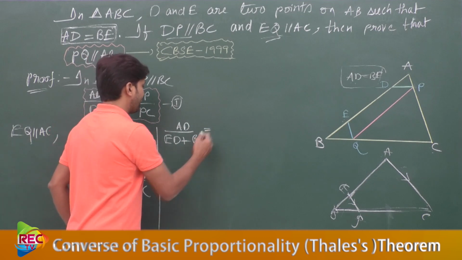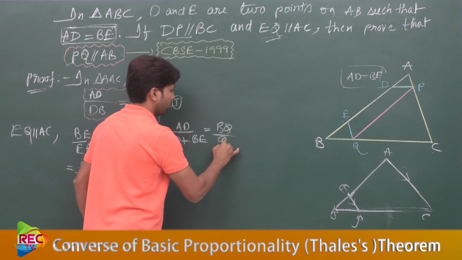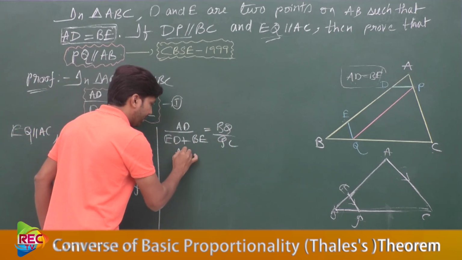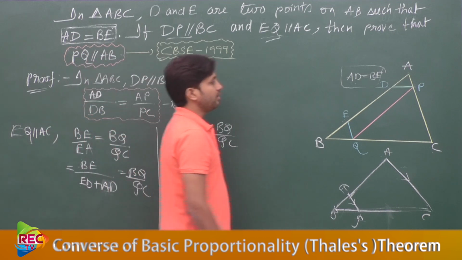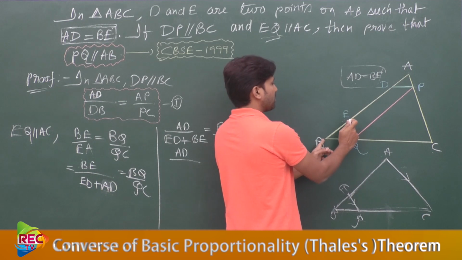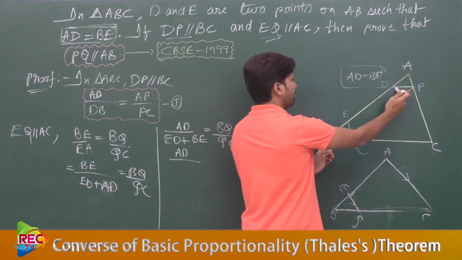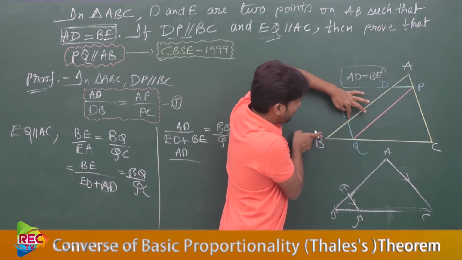Now write it as it is, BQ by QC. Now just look at this, AD by DE plus BE. What will come here? DE plus BE. What does it show? BD or not? Once again I am telling you, this is DE plus BE.